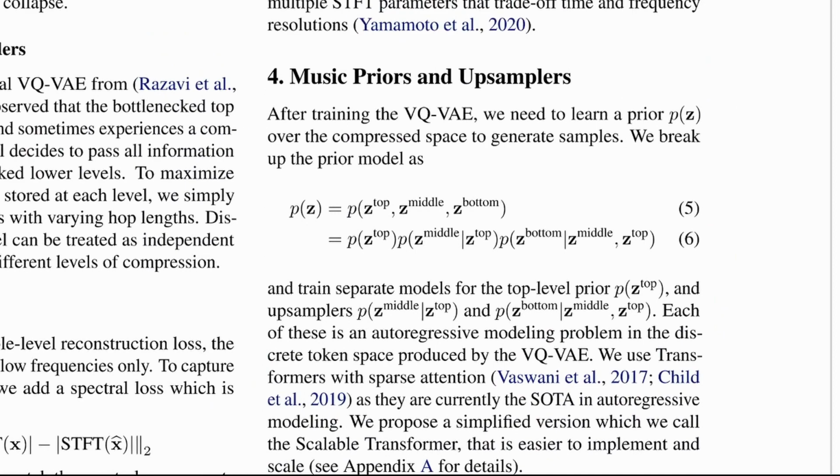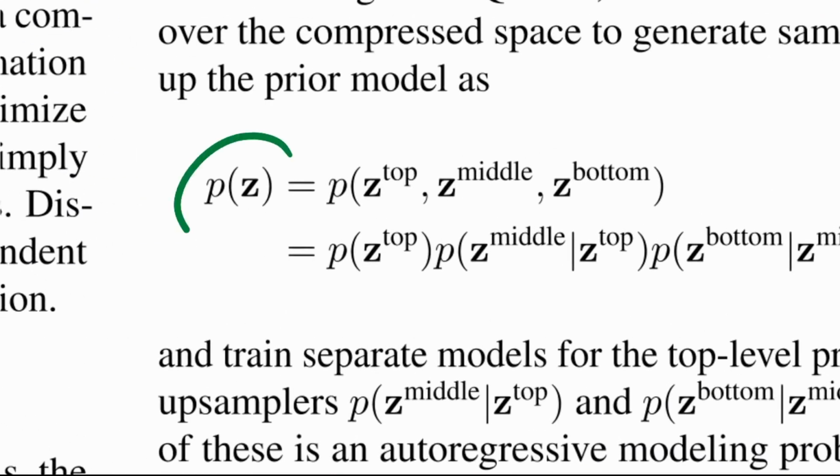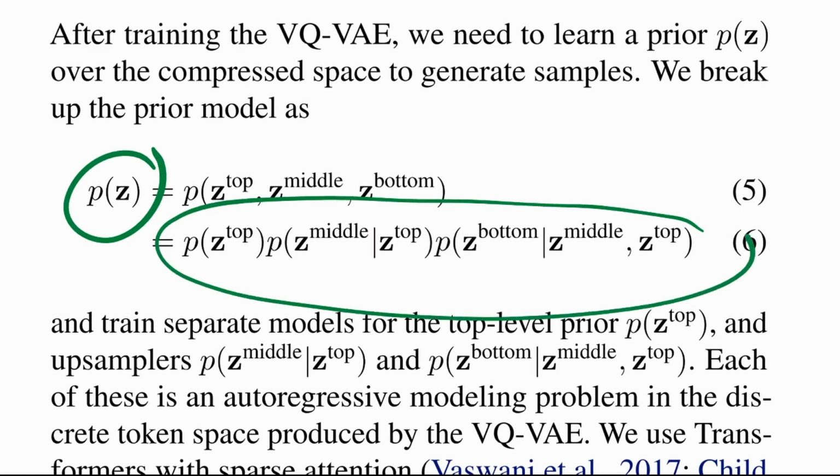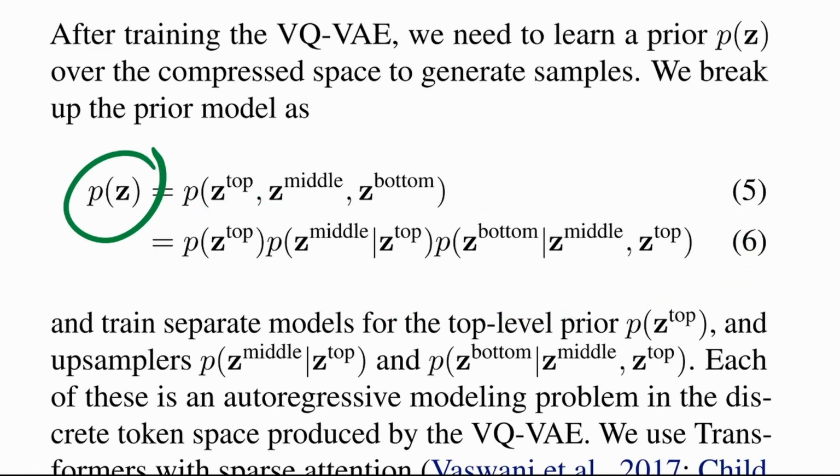So we're going to try to learn a prior distribution over the distribution of codebook vectors. And that is naturally going to be a joint distribution between the top, middle, and bottom VQ-VAEs. And we can decompose this into the following things simply by applying the standard probabilistic algebra transformation.